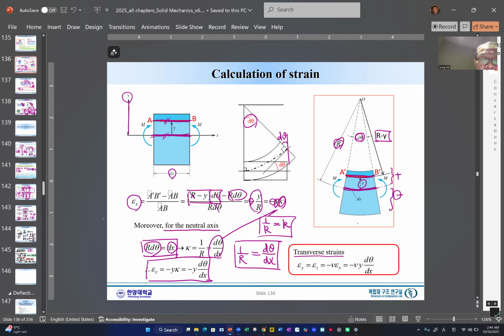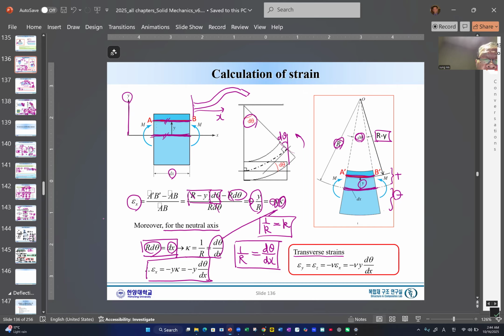Okay, the reason we mention d theta is that the theta may vary over the length, meaning that theta can vary along the length. But here we apply the constant moment, and the rate of theta is constant.